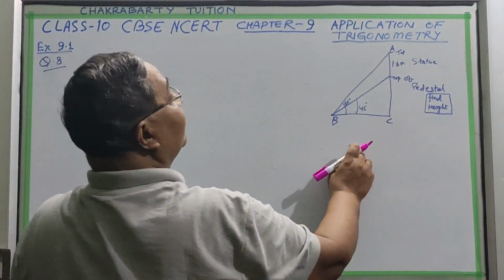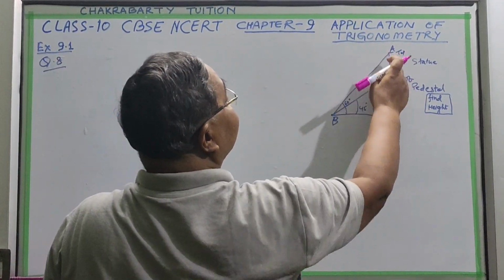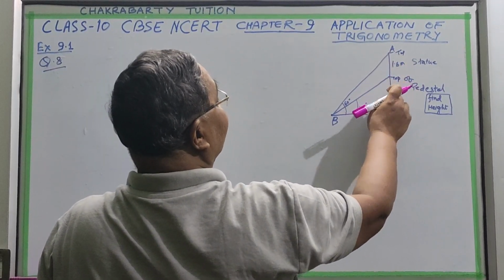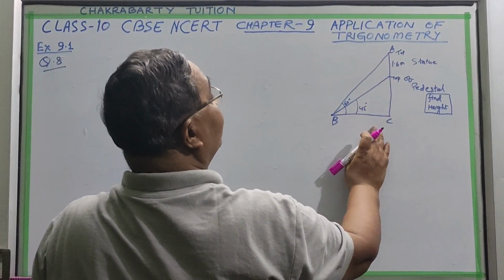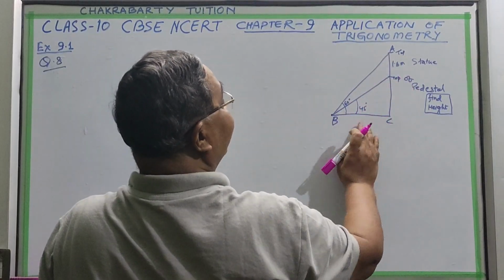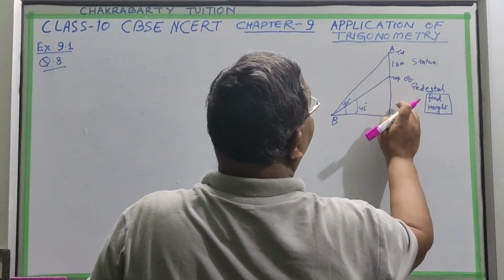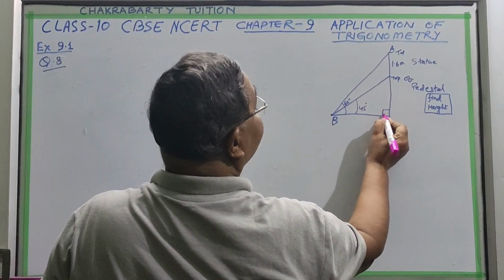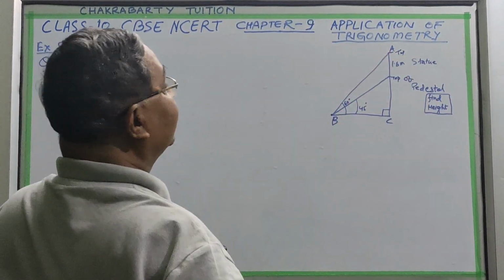So here, how can we find it? We will first find this height, which is required. So from here we will first take the ground distance as 10 and solve. Here this 10 is also difficult, so we will solve it, and you will see how we can solve it.